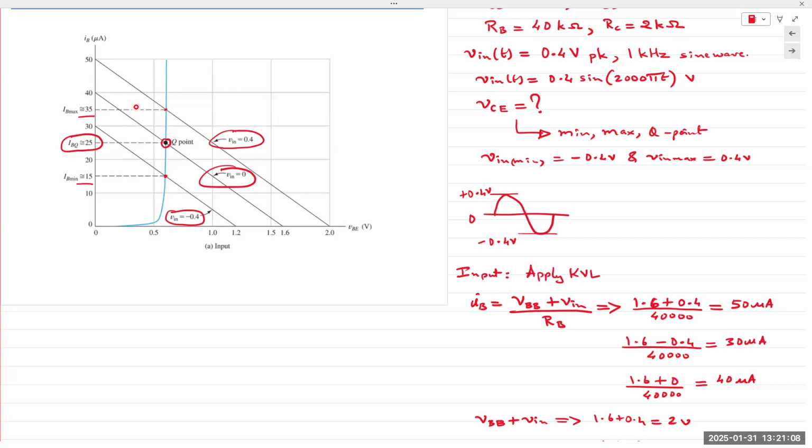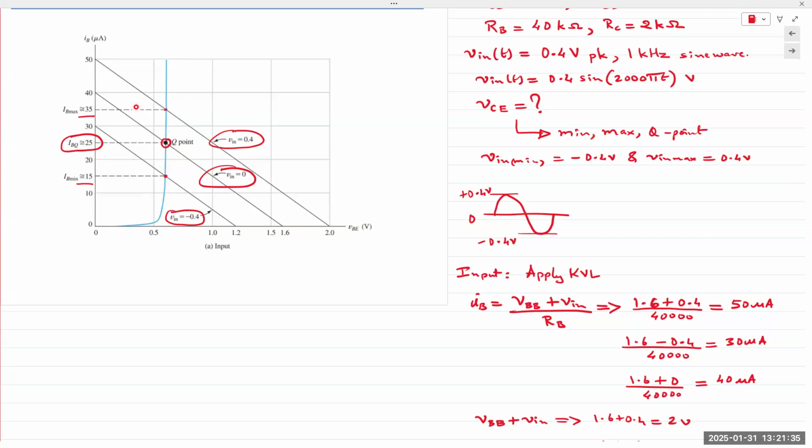Okay. So now the characteristic plot that's shown here in blue is intersected by those 3 load lines. If you extend those to the left, you get the values for the base current for those 3 points. Y-axis is IB.